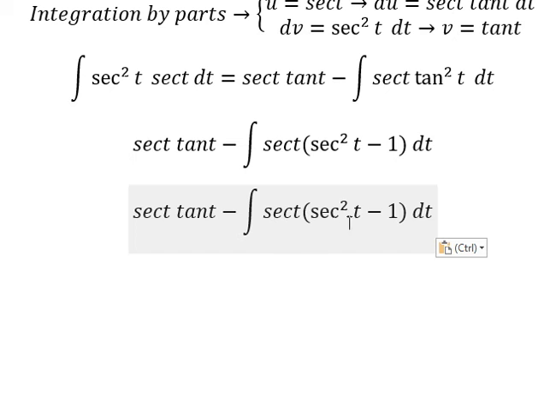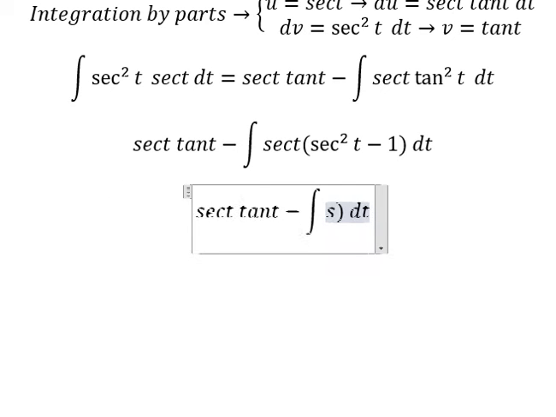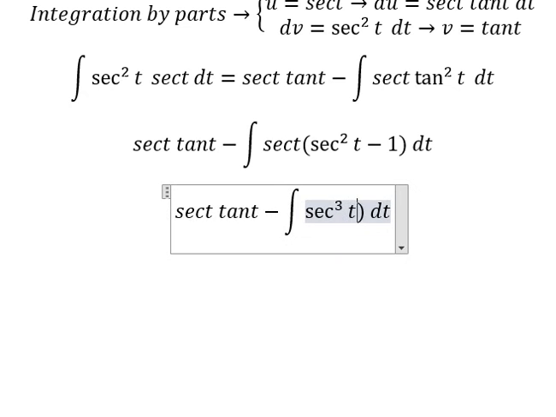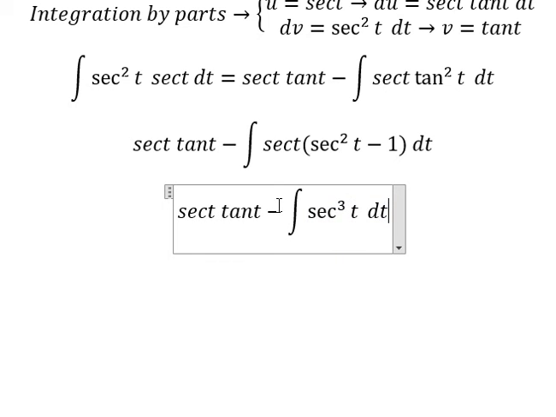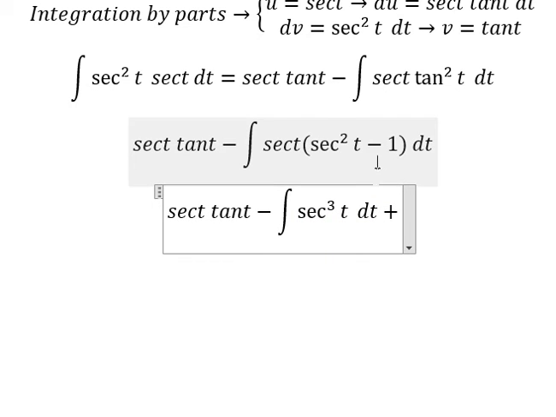Secant of t multiplied by secant of t squared and 1. Because negative with negative, you get positive.